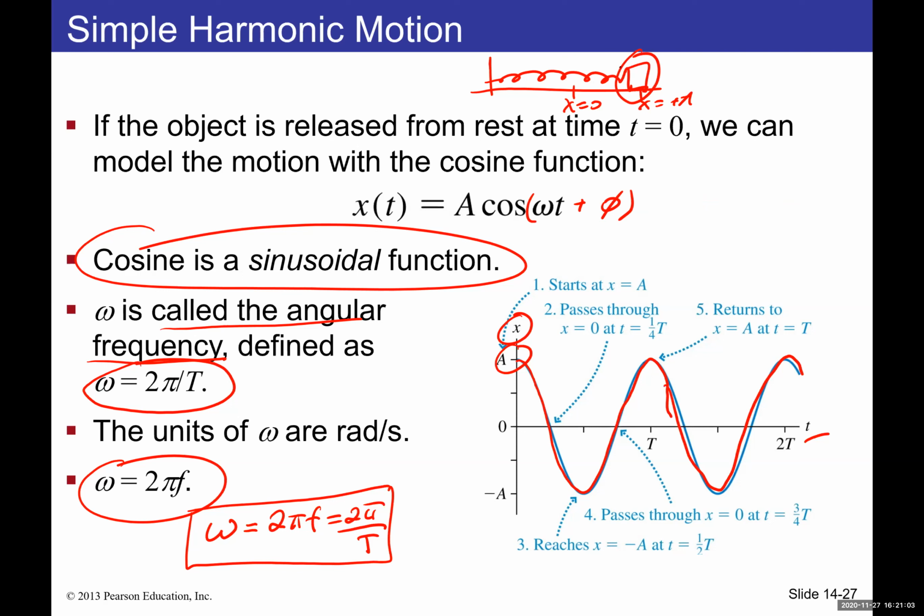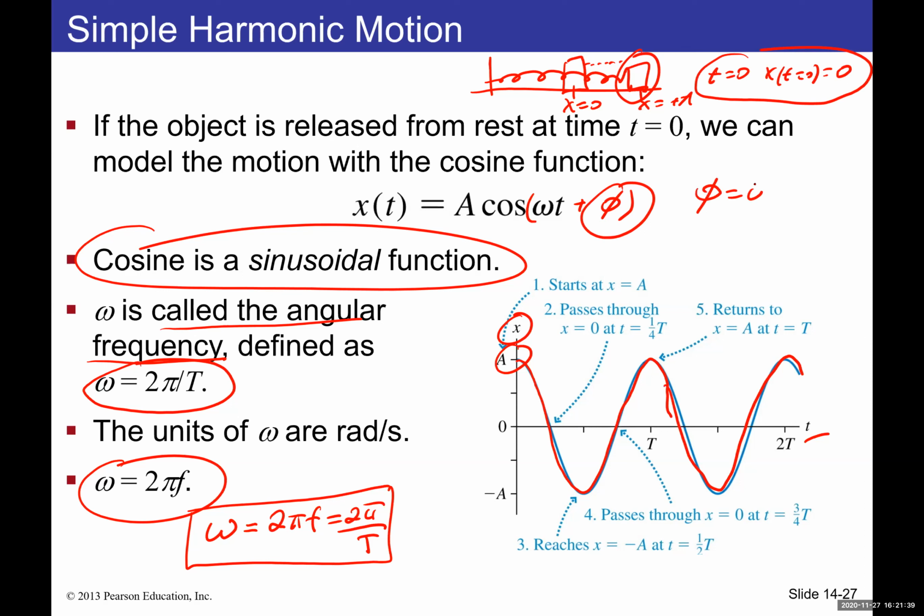I wait until, let's say, it gets to x equals 0, on its way to the left, and then I start my timer. That means at t equals 0, my position x is equal to 0 rather than A. So I let go of the system from the x equals plus A position, but start the timer a little bit later. Then this phase constant represents that information. Where did I start my timer?